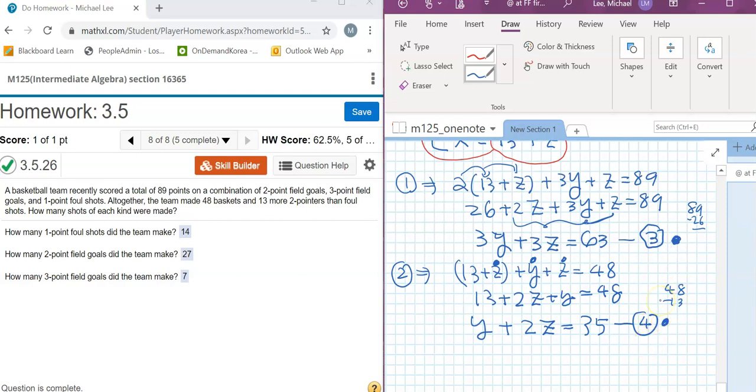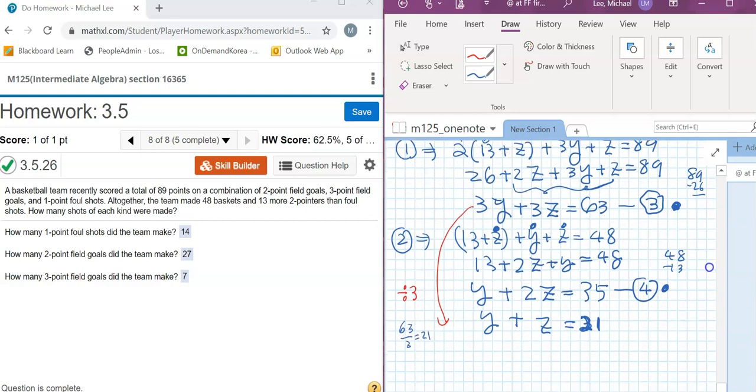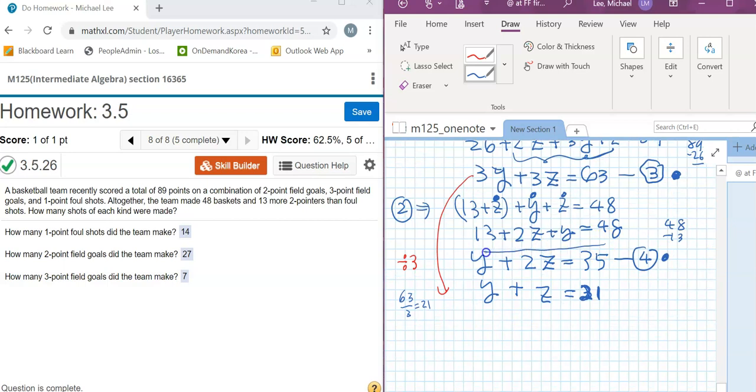If you look at 3 and divide by 3, it simply becomes Y plus Z equals 21, since 63 divided by 3 is 21. So I end up with these two.